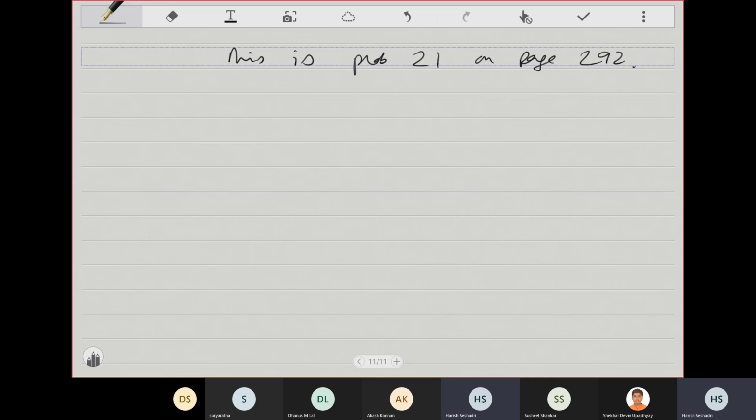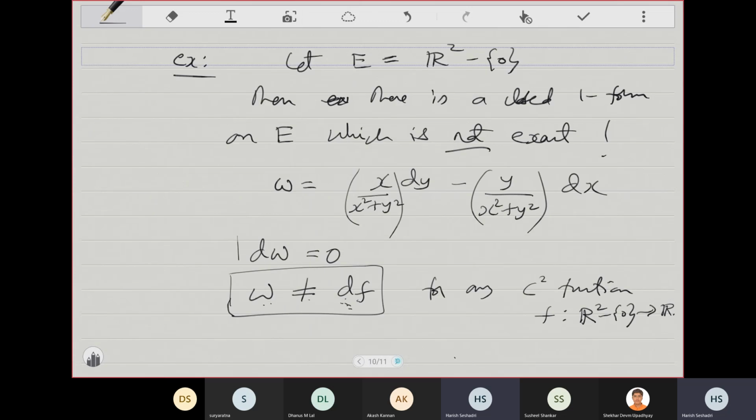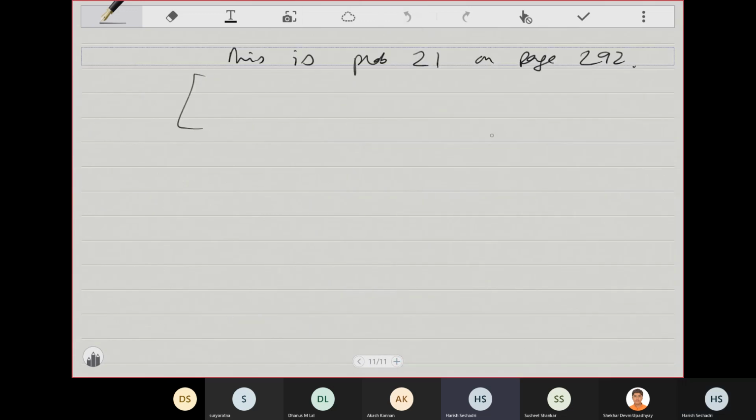Okay, let me tell you what the punchline here is. The way one sees that it's not df is that you take this capital phi from the one simplex to R2 minus 0, where phi of t is cos 2 pi t, sine 2 pi t.